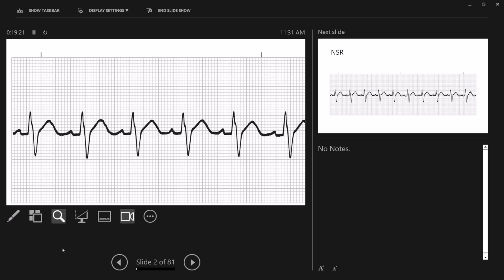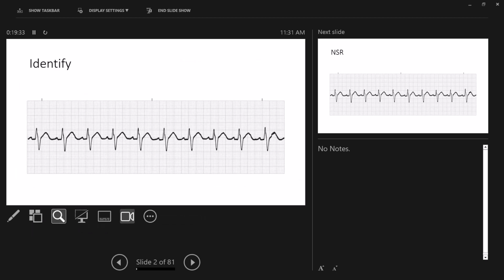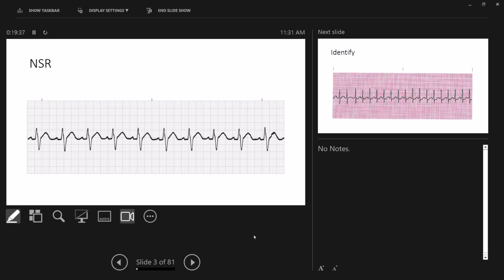Okay. And what is the normal width of a QRS complex? Under 0.12. Yep, you're exactly right. Good. So what is this EKG then? Yeah, everything is normal on this EKG, so it has to be normal sinus rhythm.